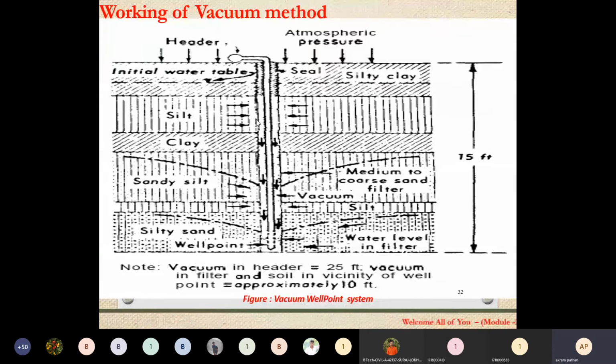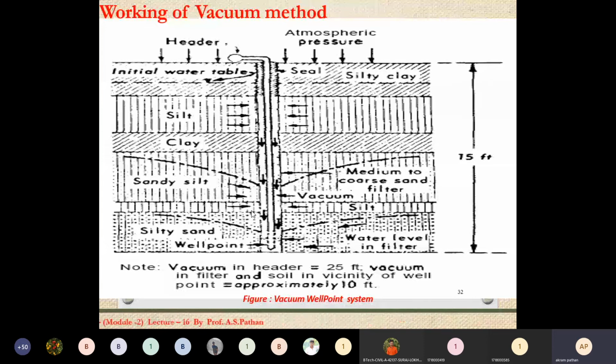So with the help of the vacuum pump the vacuum pressure is created, and ultimately the water will be pumped easily with the help of the submersible pump. Then the water will come up to the ground level. So this is about the working of the vacuum method.